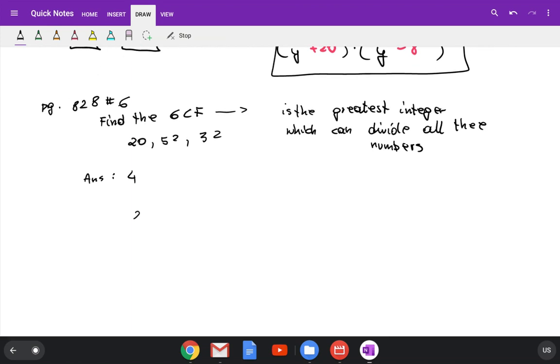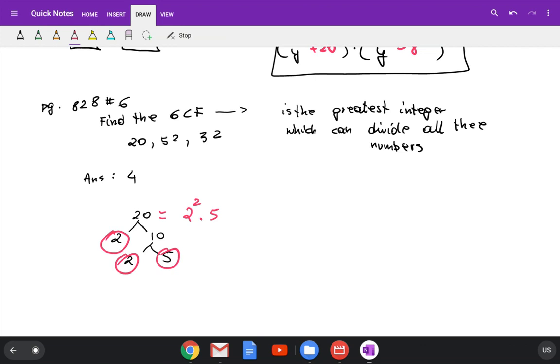So you can always do the prime factorization of each number. If you take 20 and divide by 2, you're getting 10. 10 divided by 2, you're getting 5. And like you see, 2, 2, and 5 are all prime numbers. So you can rewrite 20 as 2 to the second power, since 2 repeats twice, times 5.